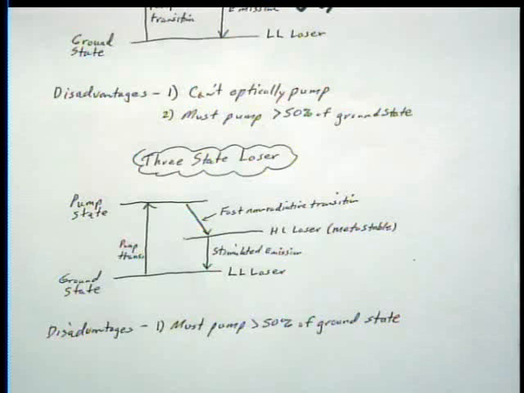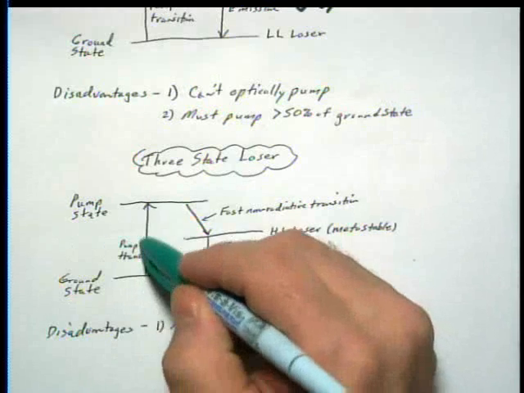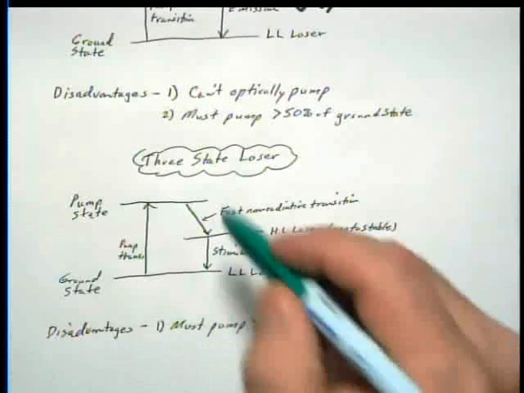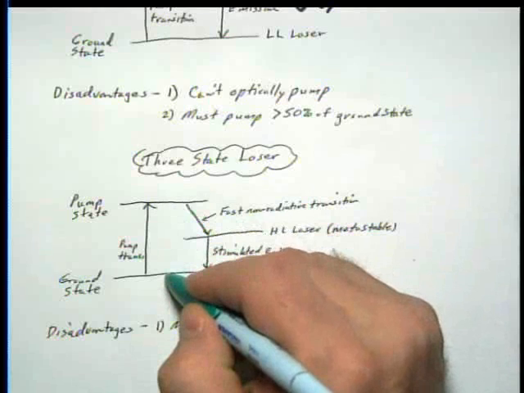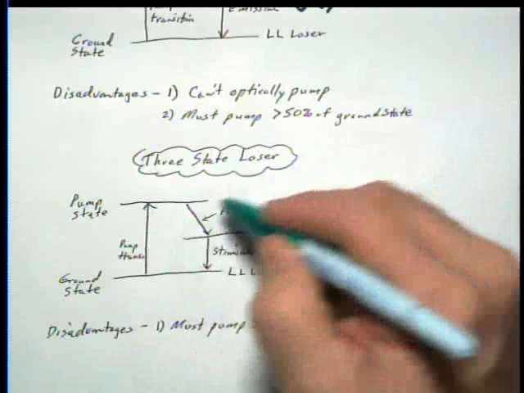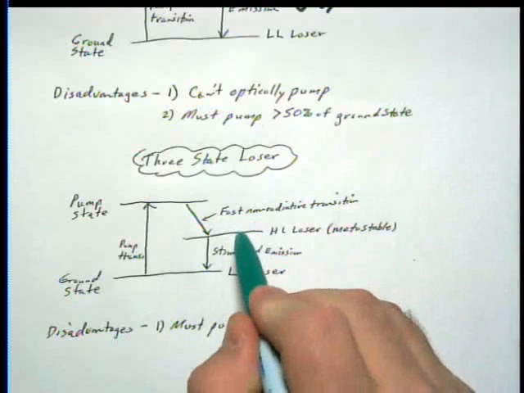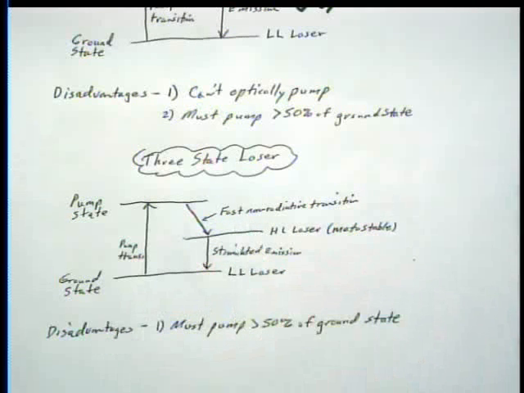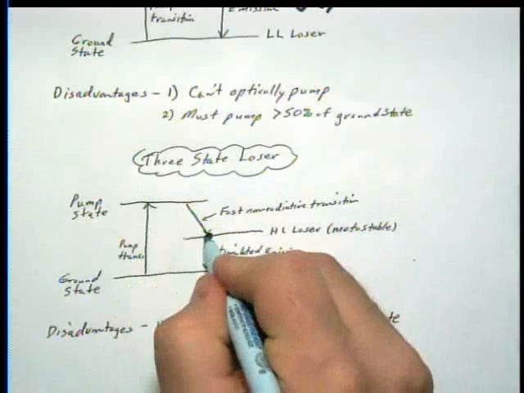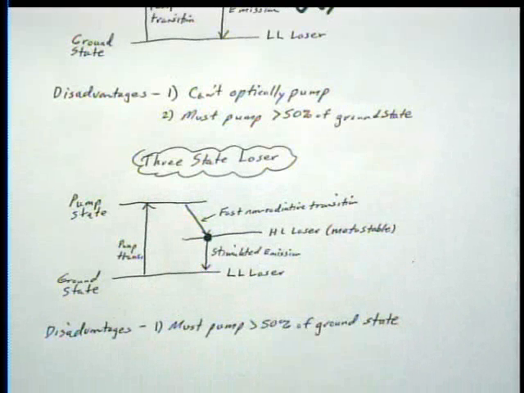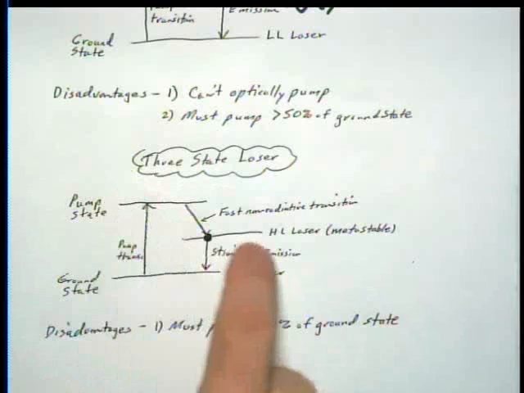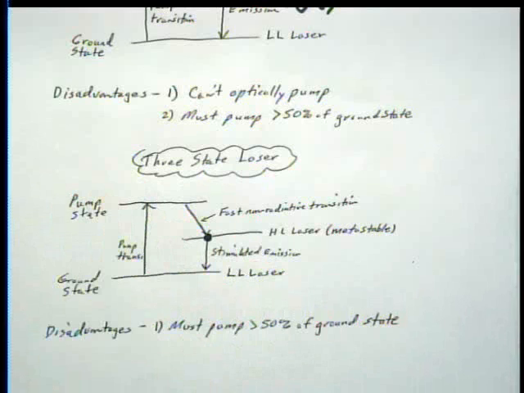So what you want to have happen is you want to pump this thing up, and before this state normally goes back down like this by spontaneous emission, you want it to quickly do some sort of electronic transition, maybe give its energy to vibration of the atoms or something in phonons, and end up in this state. So you pump it up, and then hopefully get it over here. And it gets stuck. That's the traffic jam. That's the metastable state. And you pump another one up, stick it. Pump another one up and stick it.